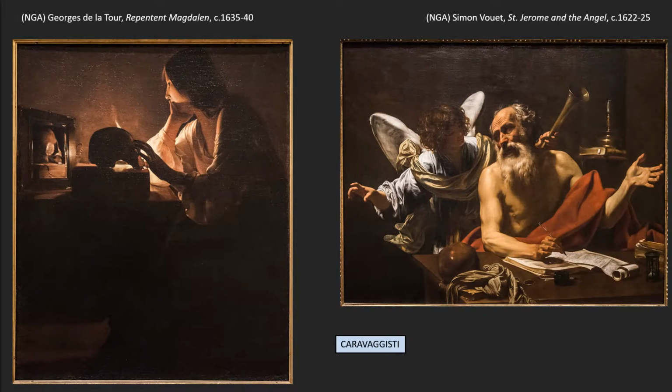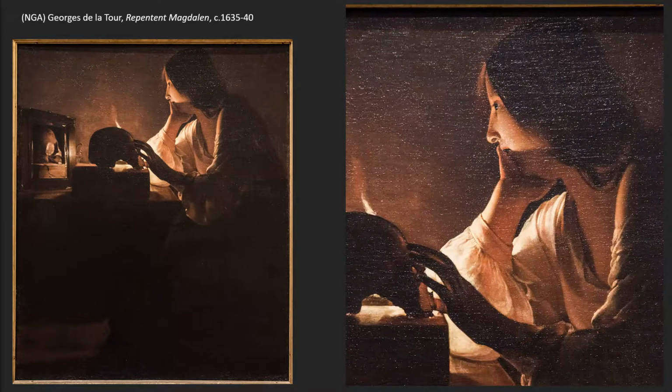So here she is, just lost in thought, illuminated by that candle. La Tour loves putting candles in pictures, but obscuring them by something, blocking them as an internal source of light. And she's looking down at a mirror, and she's thinking about herself.